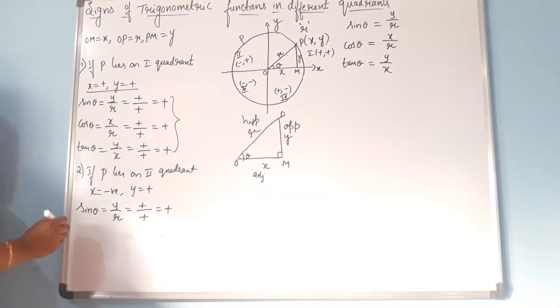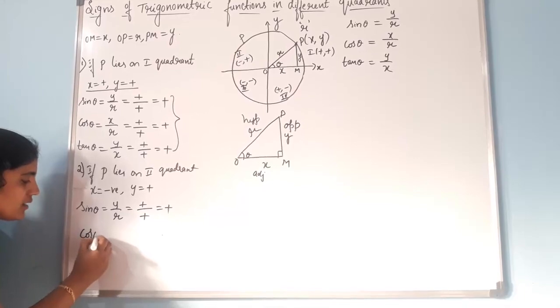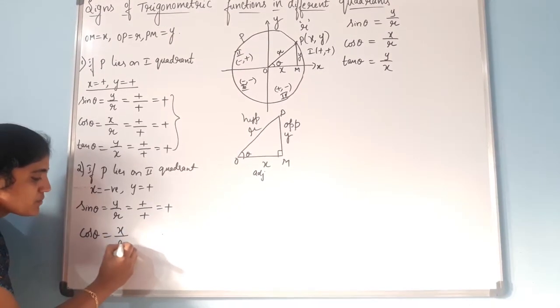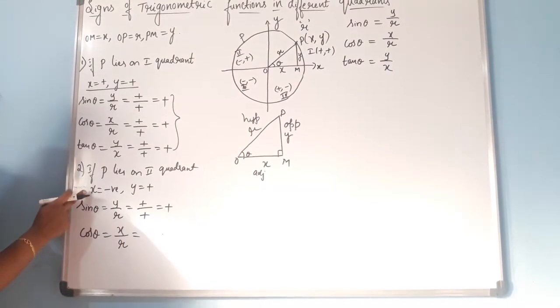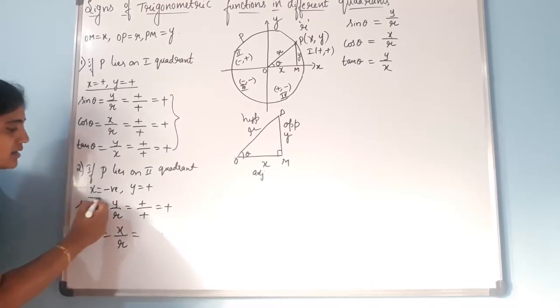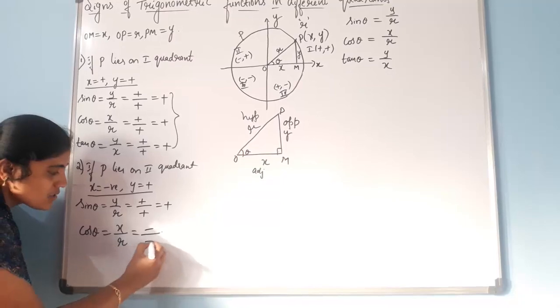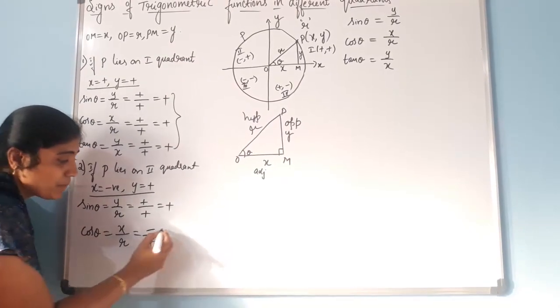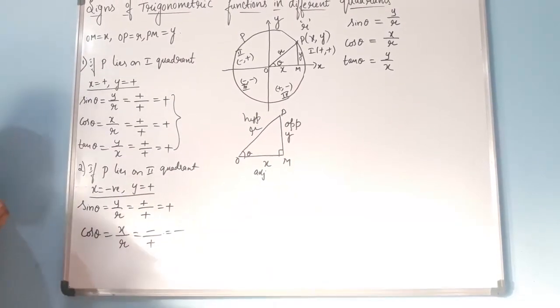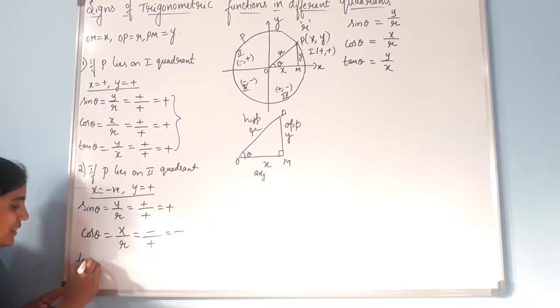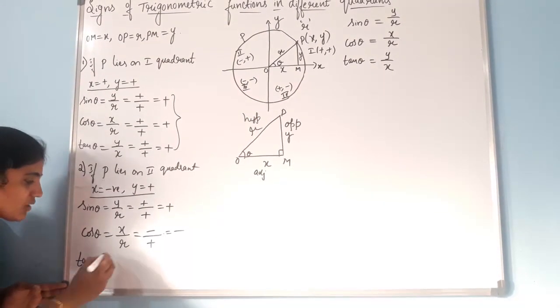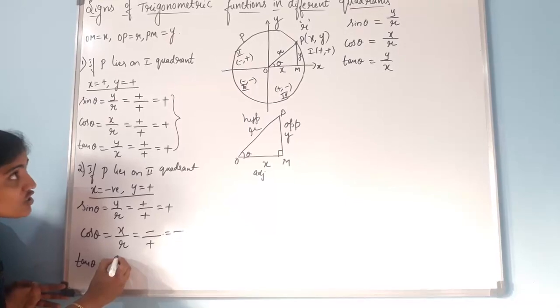Okay. So what about cos theta? Cos theta is equal to, definition is x by r, which is equal to, see in second quadrant x is negative, that is minus, by radius is always positive, minus by plus is always minus. Okay. So lastly tan theta is equal to, see here, so what is the definition of tan?